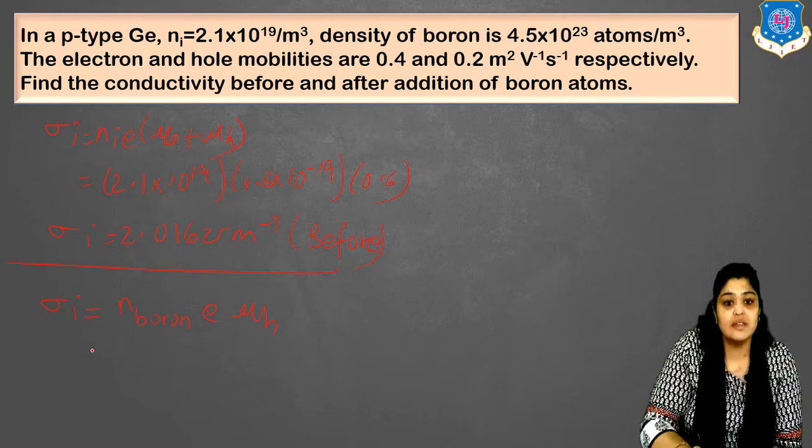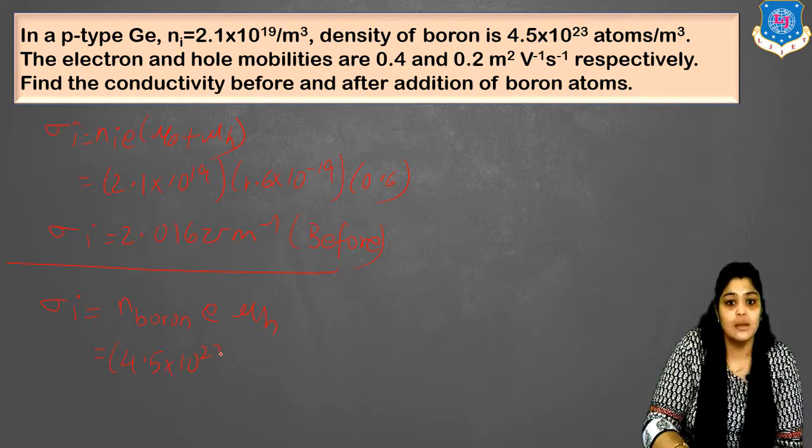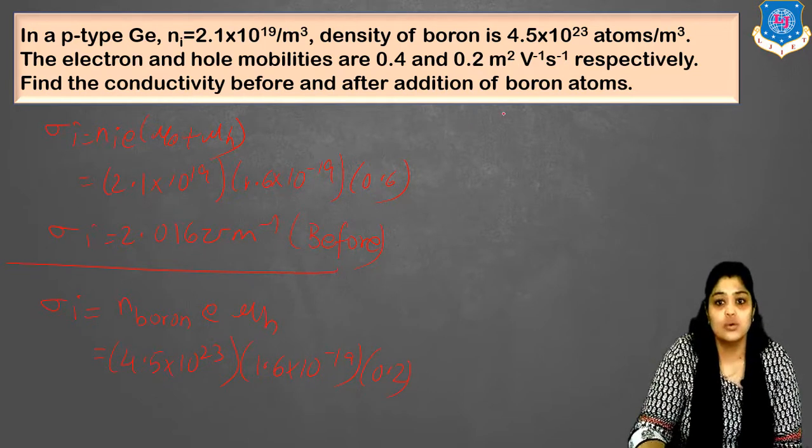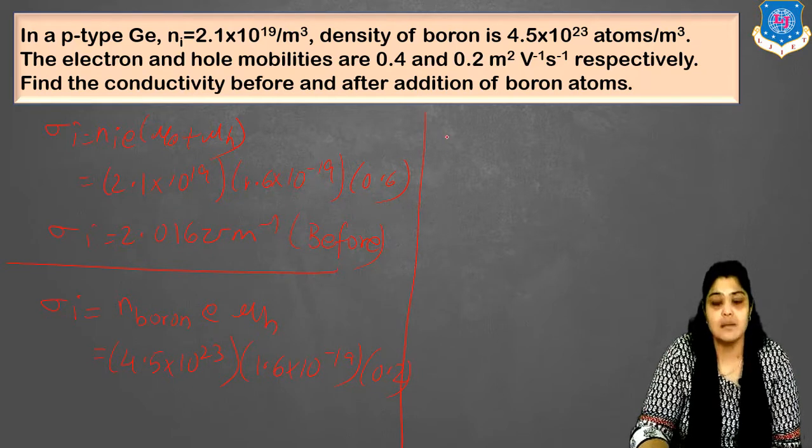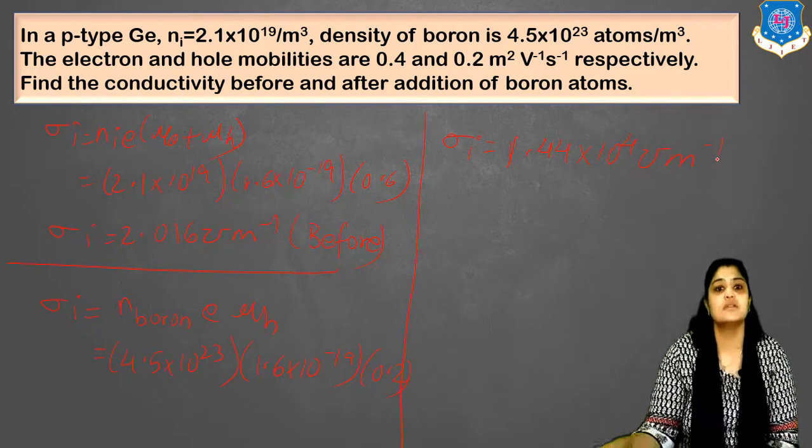So now what is given for boron? Number of boron atoms is 4.5 into 10 raised to 23, into charge of electron 1.6 into 10 raised to minus 19, into mobility of hole 0.2. So you get the answer of sigma as 1.44 into 10 raised to 4 mho meter inverse.